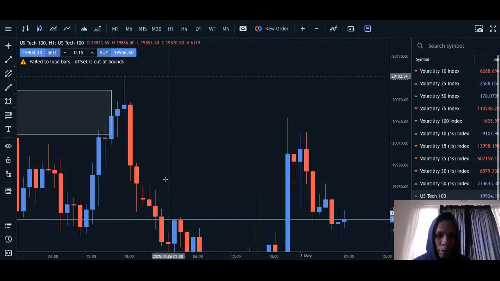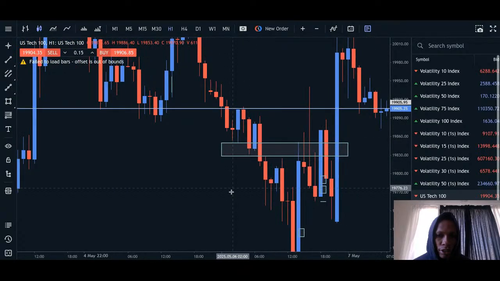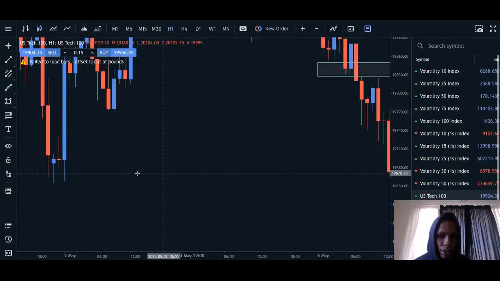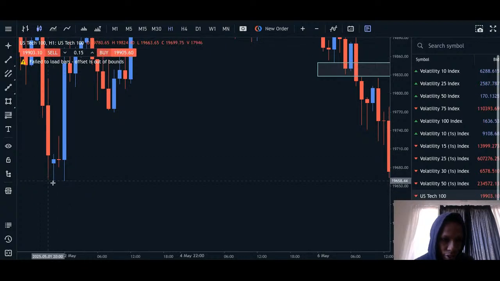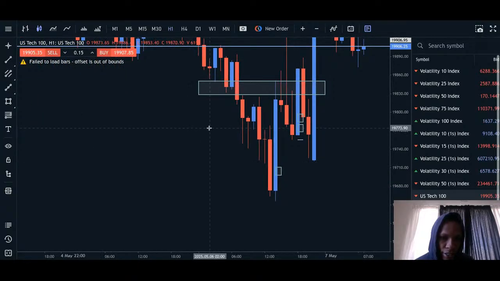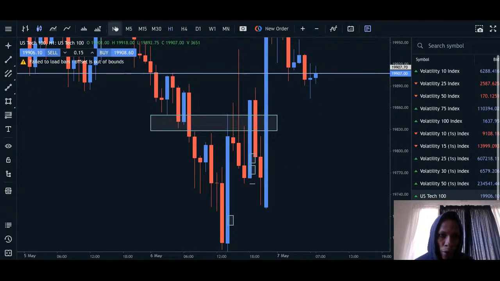And if you went to the hourly, then you would have found that it cleared this Asian low, but left this one intact. So technically, if you look at this BSI here, we just ran all the stops there, and then it absolutely just shot higher on the 1 minute.